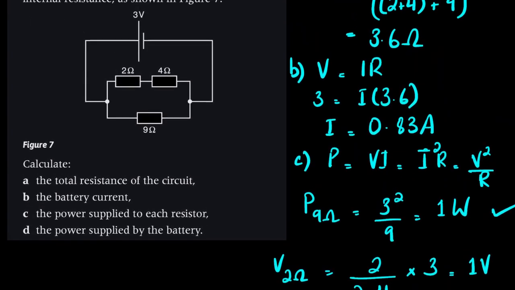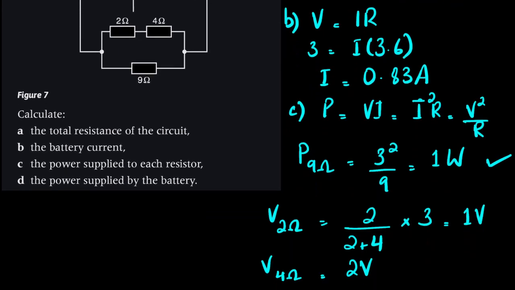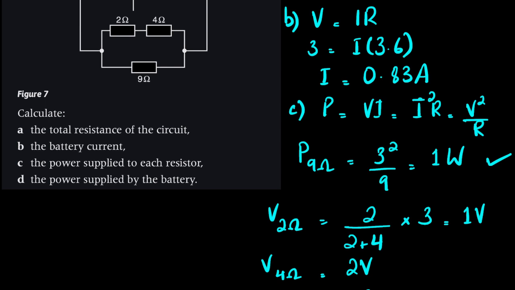Part D says the power supplied by the battery. Again, we know the current flowing in this entire circuit is the battery current. We know the voltage across the battery. So we can use P equals VI to find the power supplied by the battery. So P equals VI. V is 3.